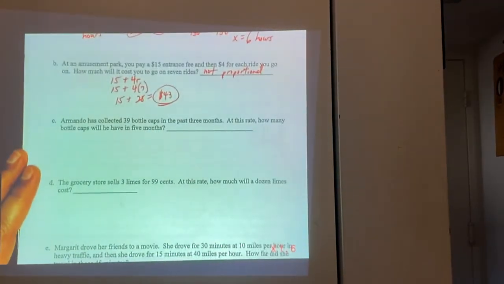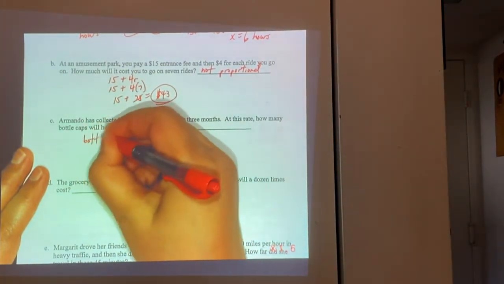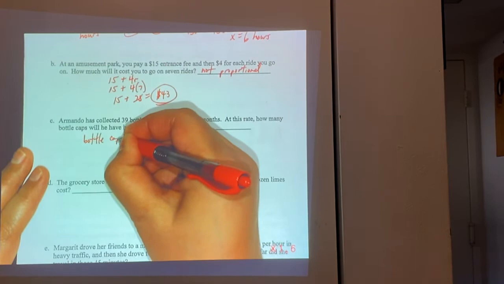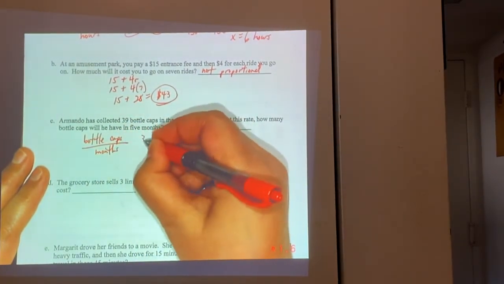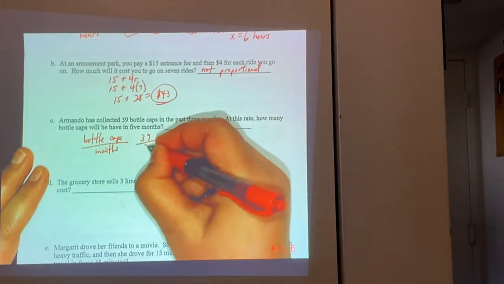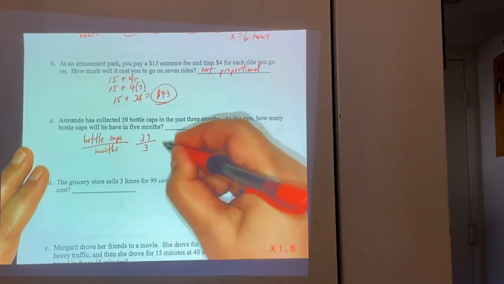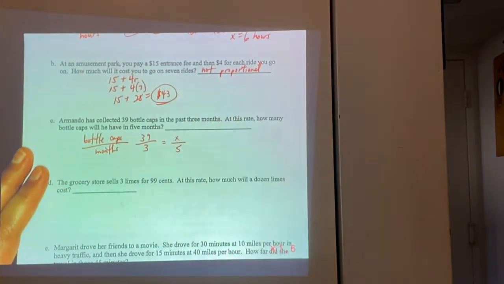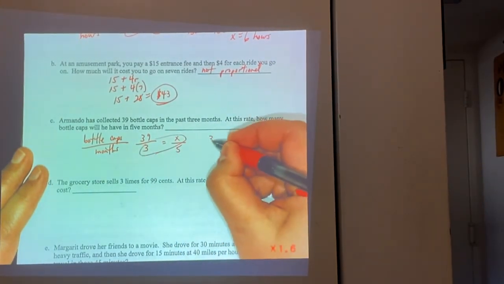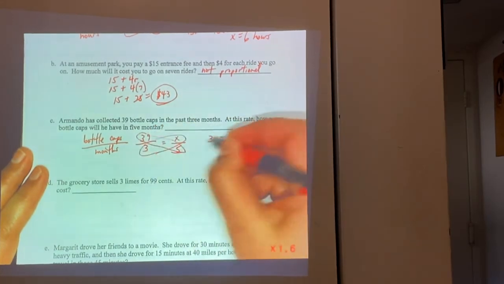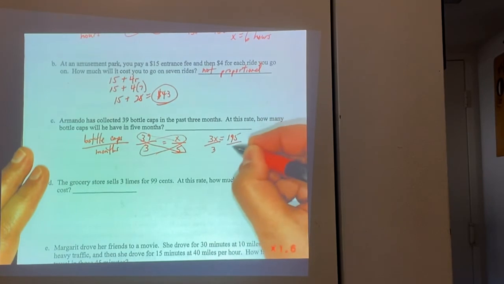Okay, Armando collected bottle caps in months. Okay, so bottle caps, months. So you got 39 bottle caps in 3 months. At this rate, how many bottle caps will you have in 5 months? Months goes on the bottom. Call the one I don't know X. Crisscross time. 3x equals, what's 5 times 39? 195. 195 divided by 3.